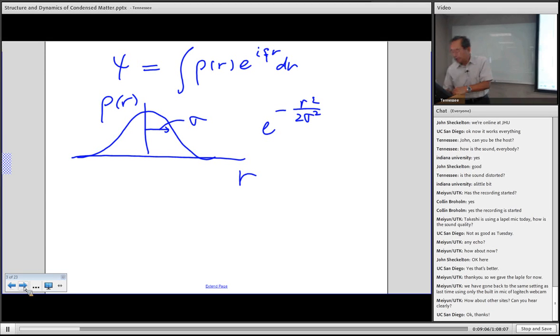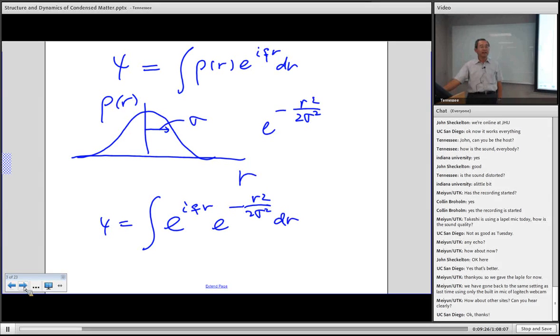So the equation becomes the integral of e^{iQR} times e^{-R²/2σ²} dR. That's a funny integral, but you can rearrange it so that you can integrate it out.